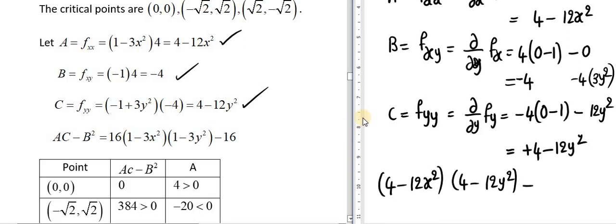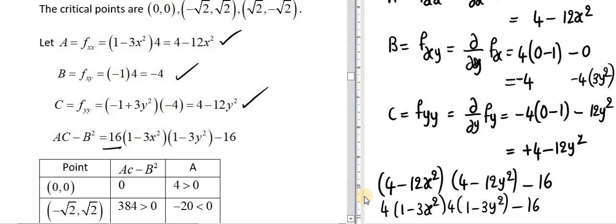B square means minus 4 whole square, that is 16. Here observe 4 is common. Take 4 common. Here also 4 is common. Therefore 4 4s are 16. 1 minus 3x square, 1 minus 3y square minus 16.